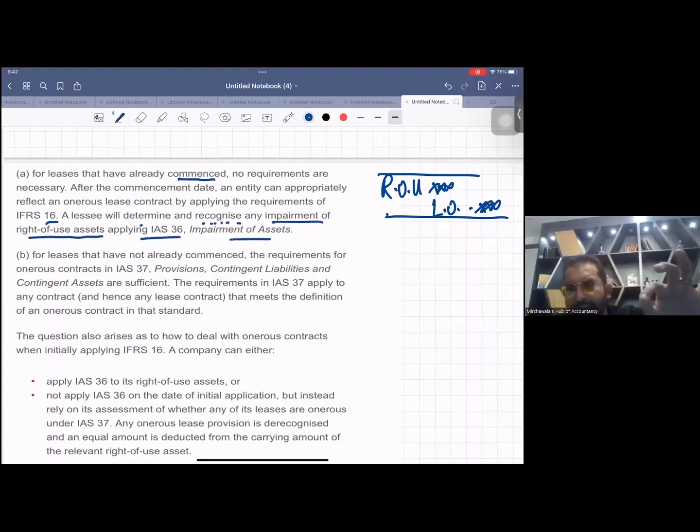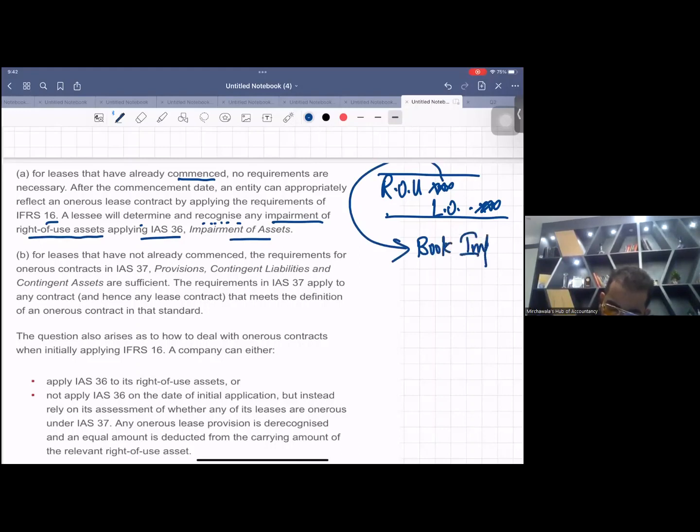Yes, but as we just received the bad news, the bad news itself is an impairment hint. So now we need to book impairment for this ROU.